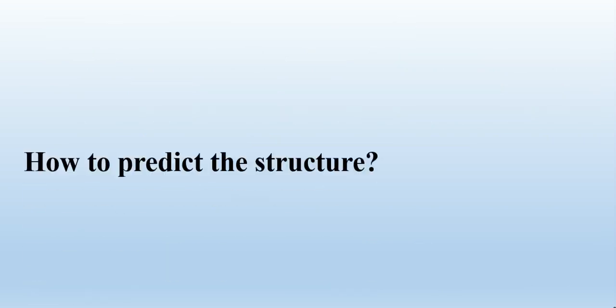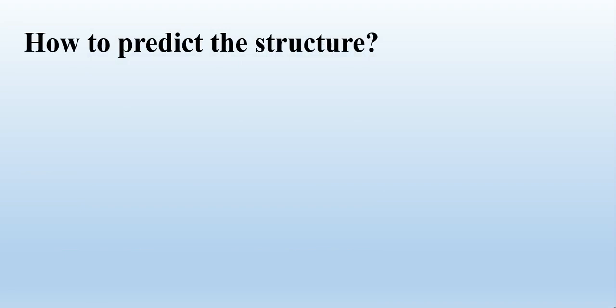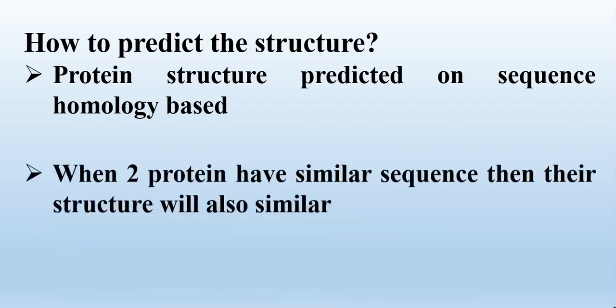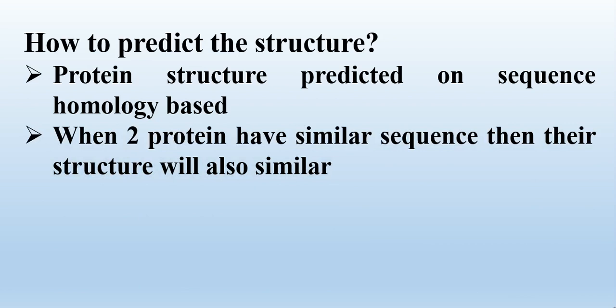But there are some conditions for the prediction of the structure, to know whether the predicted structure is accurate. The protein structure prediction is based on sequence homology, which means that if the sequence identity or similarity of these two proteins is higher, then the structure accuracy is also higher. When two proteins have a similar sequence, then their structure will also be similar.